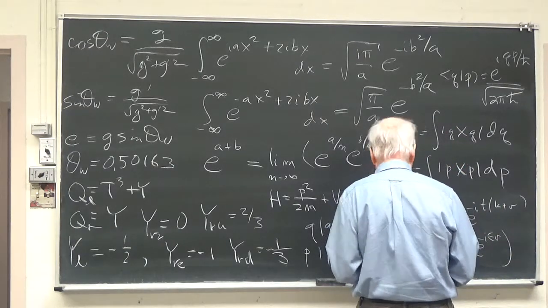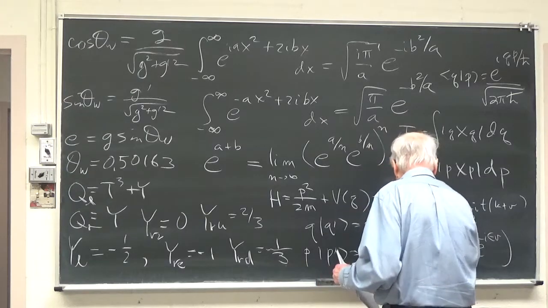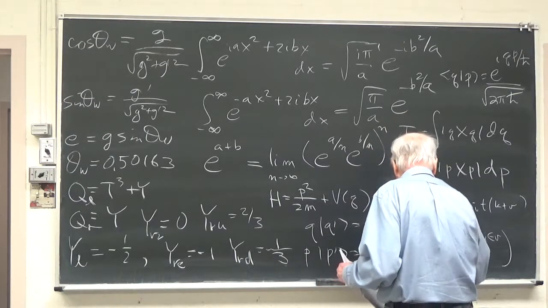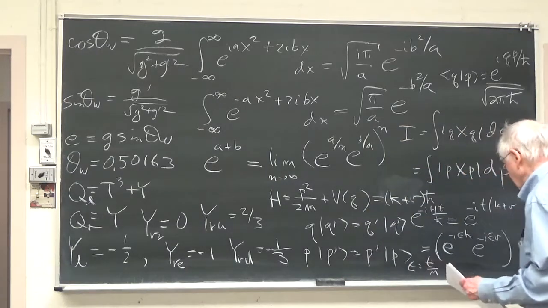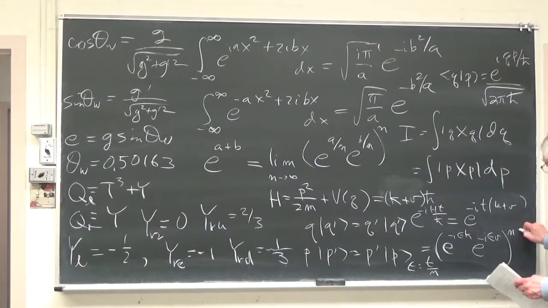I didn't say what epsilon was. Yes, epsilon is going to be t over n, and so this is going to be raised to the power n.